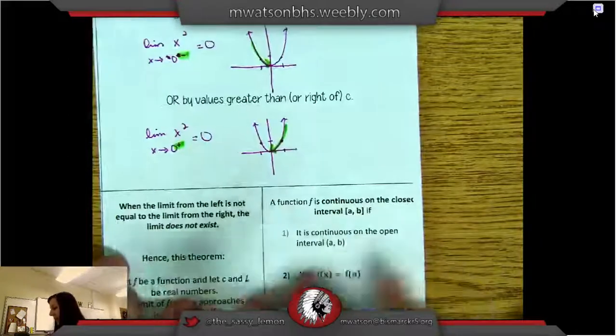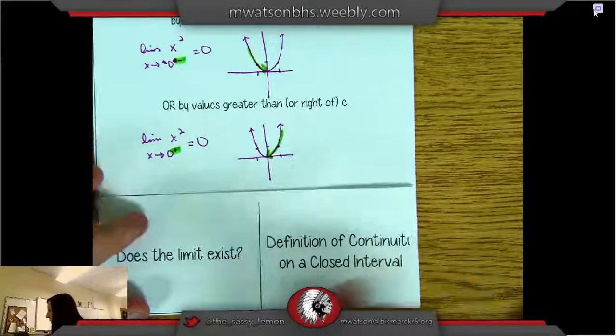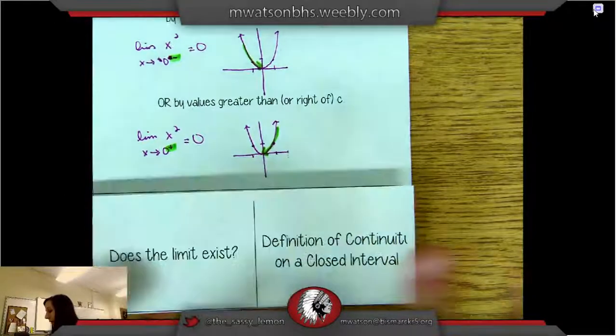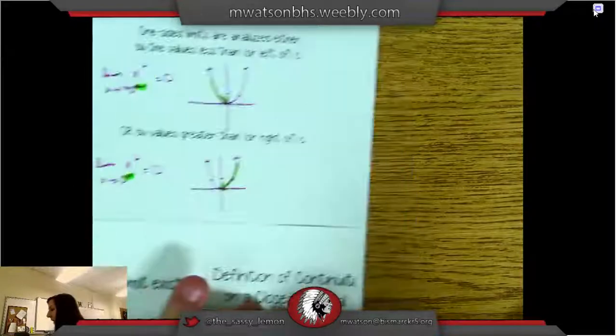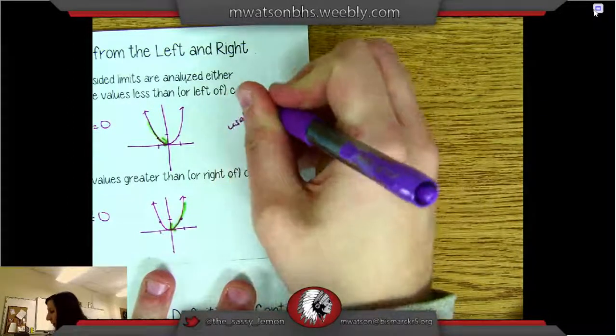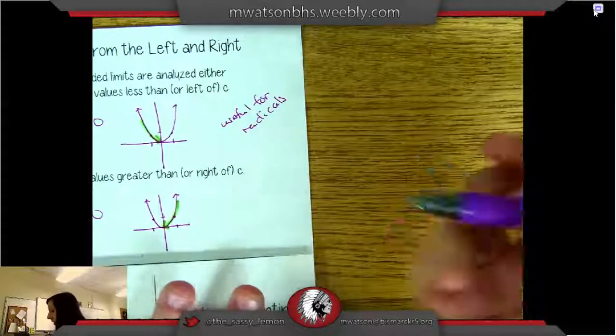Okay, so limits are especially useful whenever you're doing something with a radical. So I don't know why this foldable is really poorly set up, but they're useful for radicals. So let's go ahead and do a quick example.